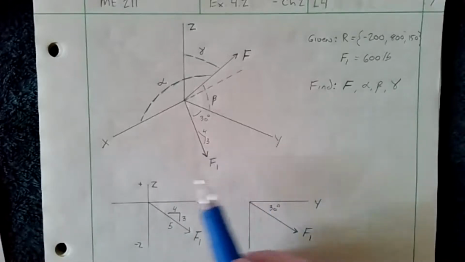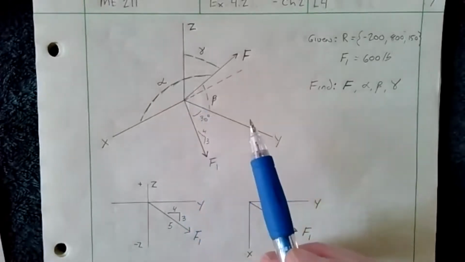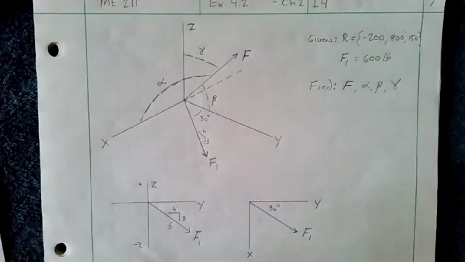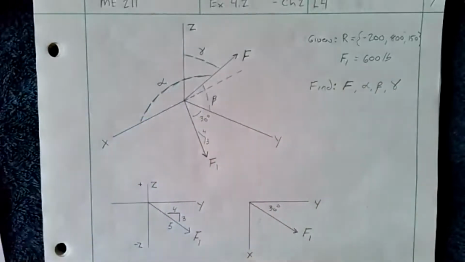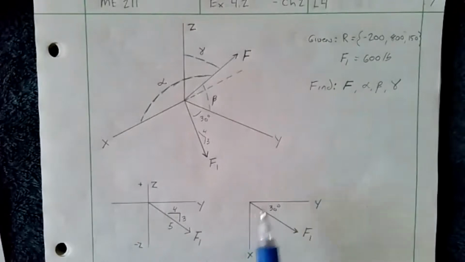If we look at the YZ plane, as if I'm looking from this direction in, then F1 looks like this. That's where the 345 comes from. Now, if we're looking from above, from the XY plane, then that's where the 30 degrees comes from.